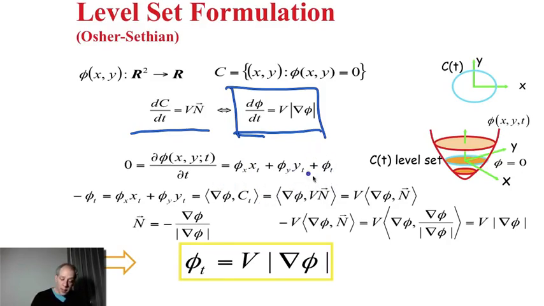Now, this I move to the other side because I have a 0 here, and I get minus the derivative according to t equal to the right hand. So this part is equal to minus this. This we have seen before, okay? It's an inner product, as we have seen already at least 2 times in the previous slides.